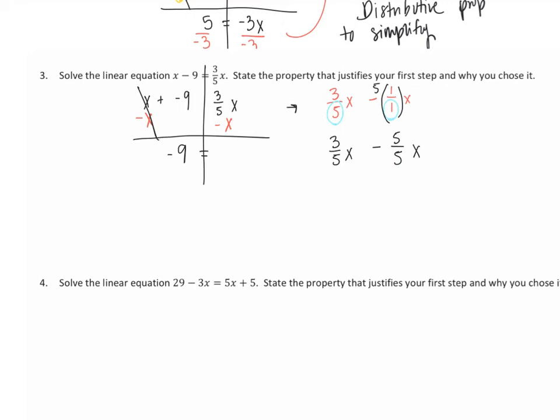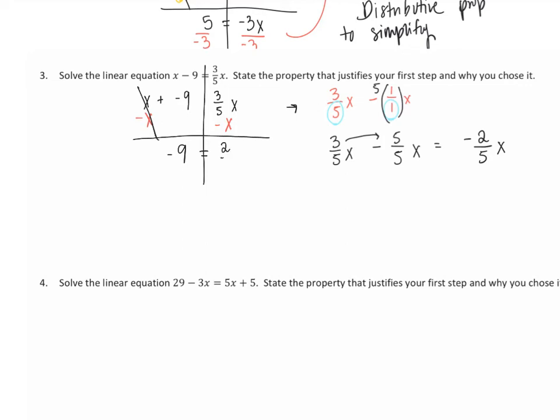Okay? And now that they have the same denominator, I can actually subtract. If I do 3 take away 5, this becomes -2. And then when you subtract fractions, you don't subtract the denominators, it just stays there. Okay? So 3/5 x take away 5/5 x is -2/5 x. So that is my answer here.